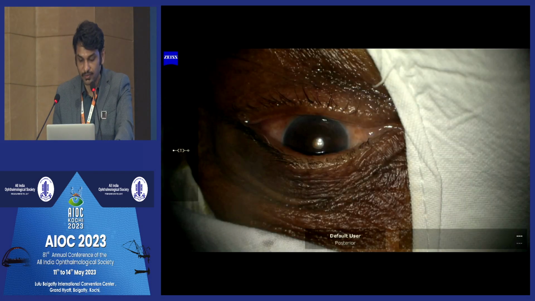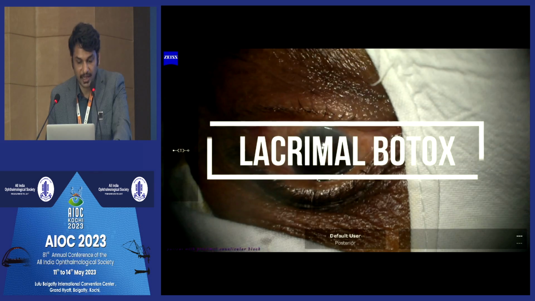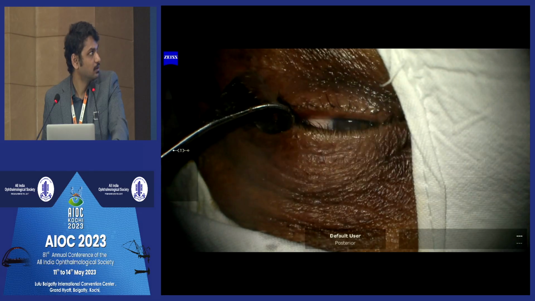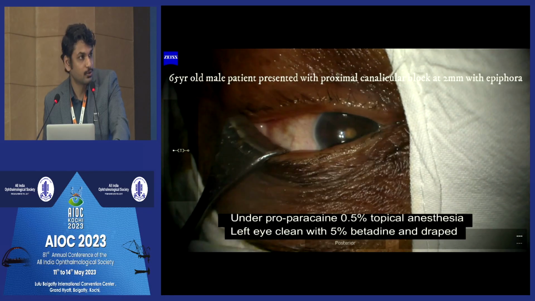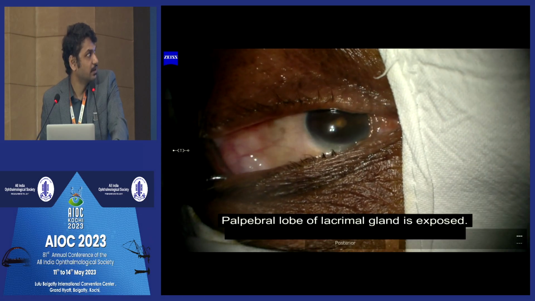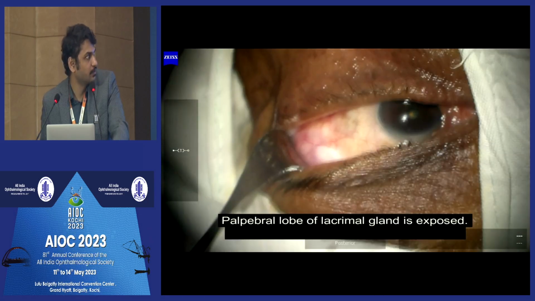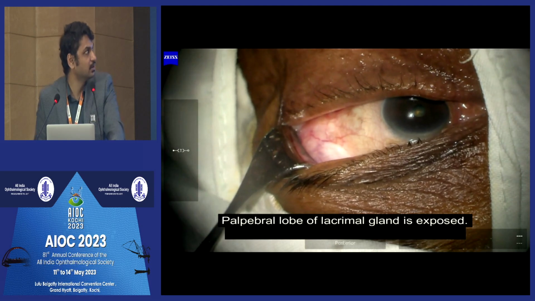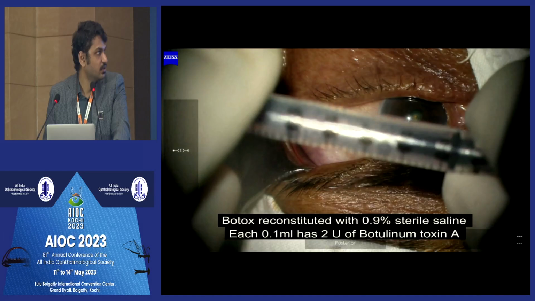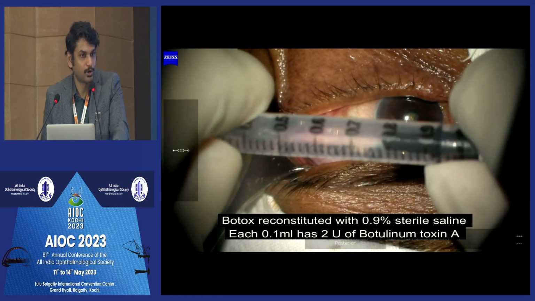And this is a video for lacrimal Botox. You can use a Desmarres retractor, or you can directly ask the patient to look down and elevate the lid. The lacrimal gland will prolapse, and if there is any difficulty, you can use a retractor. So we are giving 2 points of 0.1 ml each.